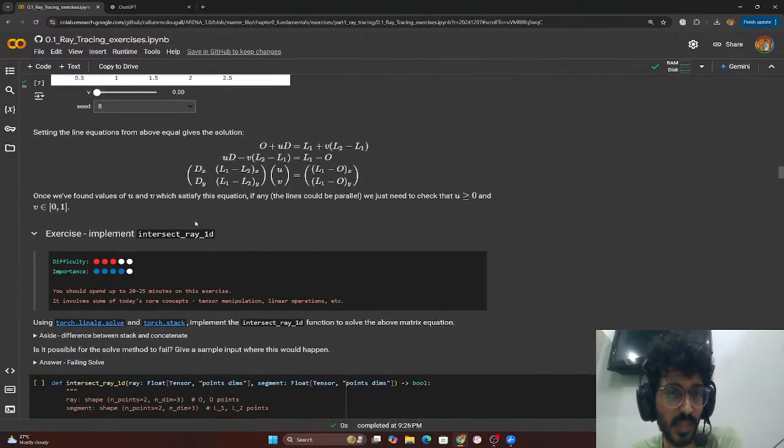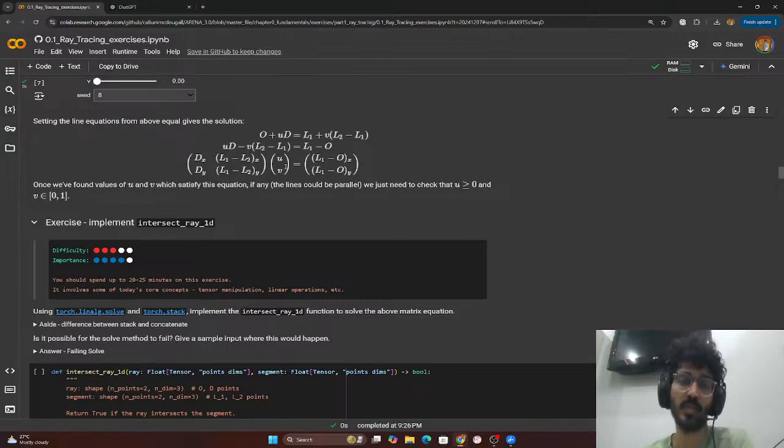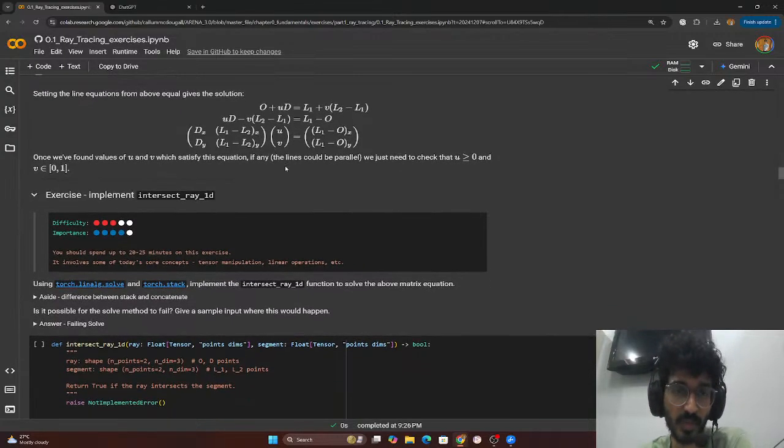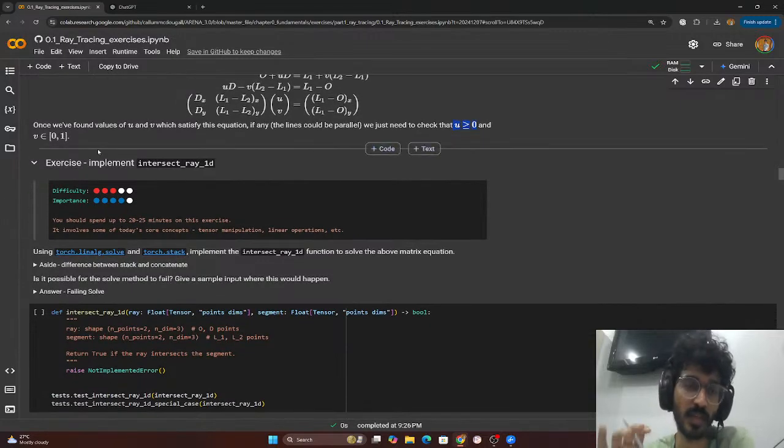So I guess that's what we have here. Now the vectors are all two-dimensional. If you just expand them and separate them into linear equations, then you get this. Just solve for u and v and check if u is non-negative and v belongs in the 0 comma 1 interval.